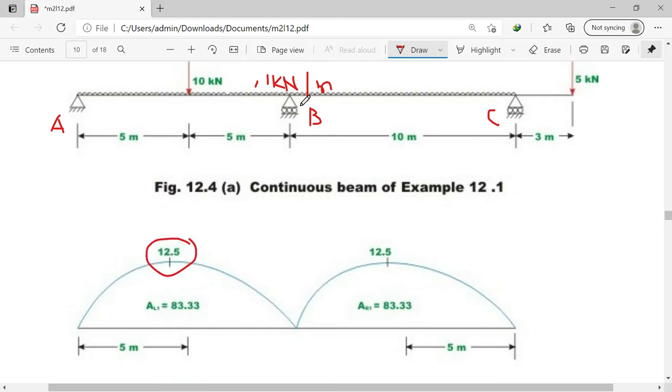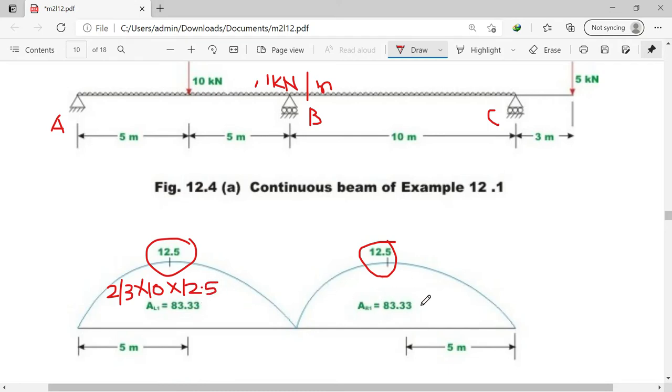For the span BC, the intensity is the same and the length is also the same, so the magnitude of the bending moment at the top will be the same. Area for the span AB is 2/3 base into height, that is 2 by 3 into 10 into 12.5, which gives 83.33.